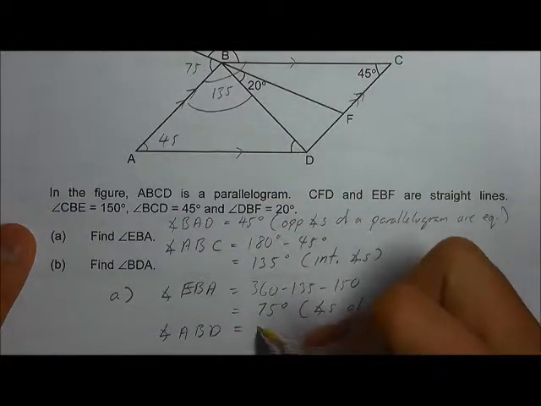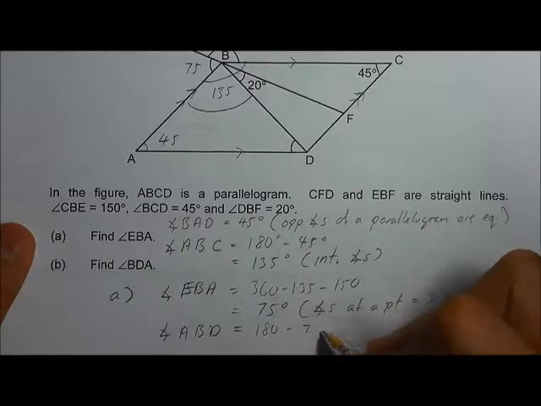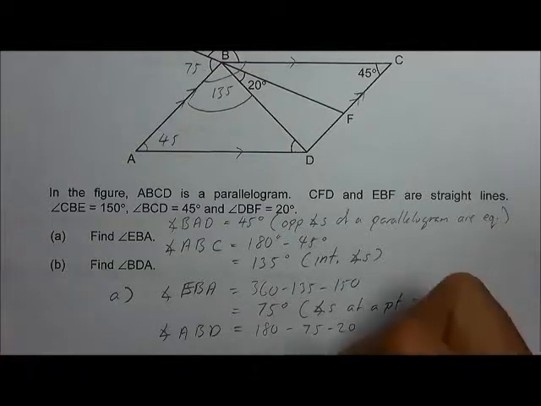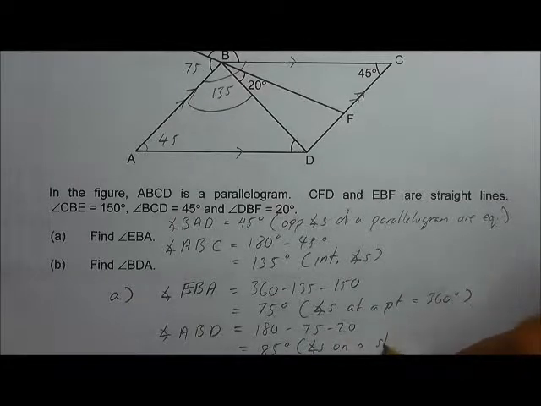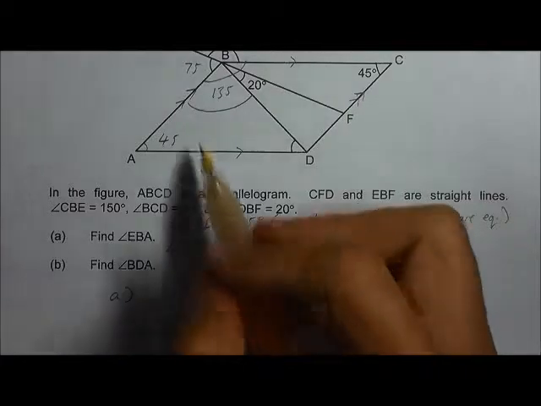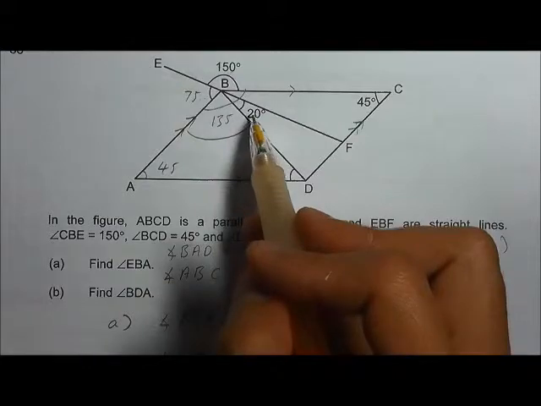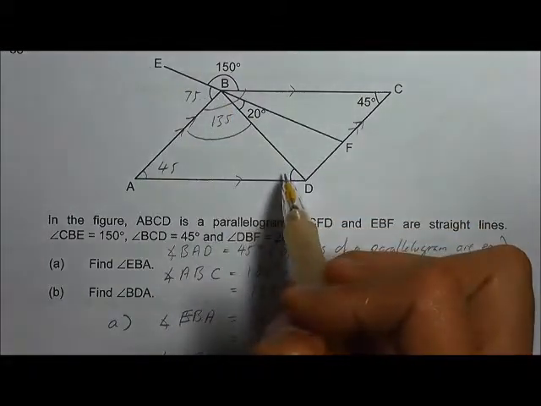ABD is equal to 180 degrees minus 75 minus 20, and we have 85 degrees. This is due to angles on a straight line equal to 180 degrees, because 75 and this 20 degrees, and the angle ABD, they fall on a straight line.